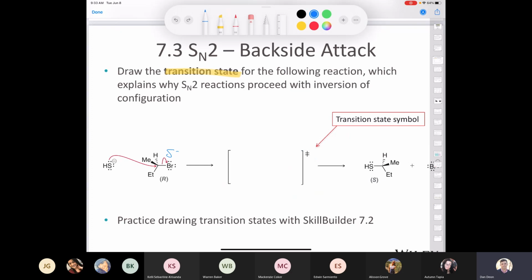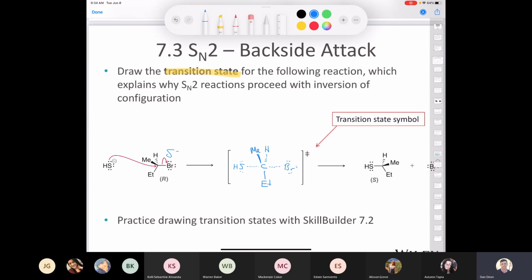So what's the transition state going to look like here? Let me show you. We have the carbon where the nucleophilic attack is going to occur. I'm going to draw it in blue. Then we would have our methyl group like this, our hydrogen in the back like this, and our ethyl group coming down. But instead of drawing bonds to the sulfur and a bond to the bromine like that, that's not accurate because then I've exceeded the octet rule of my carbon. So what we draw is a dashed line to the sulfur and a dashed line to the bromine.